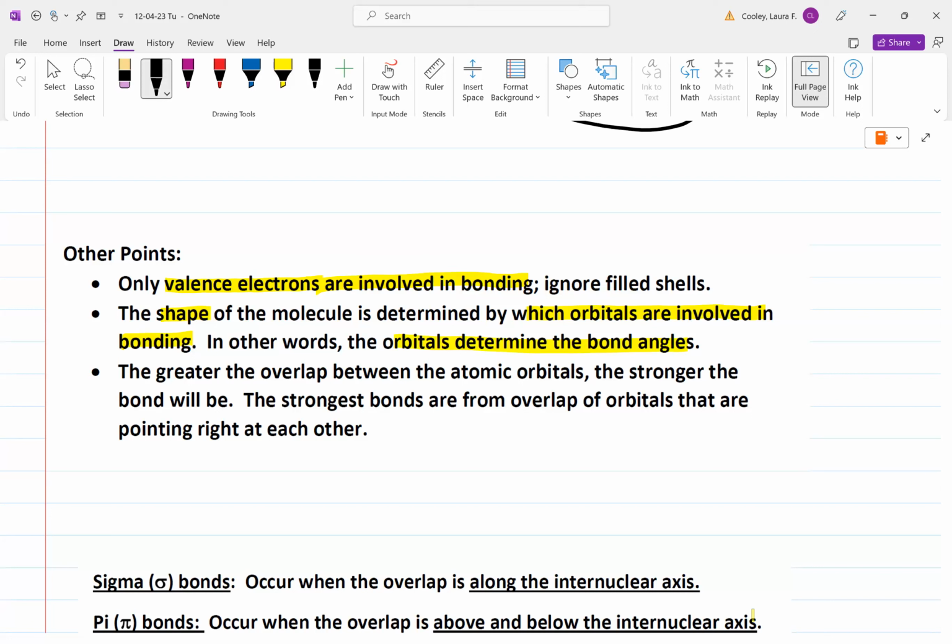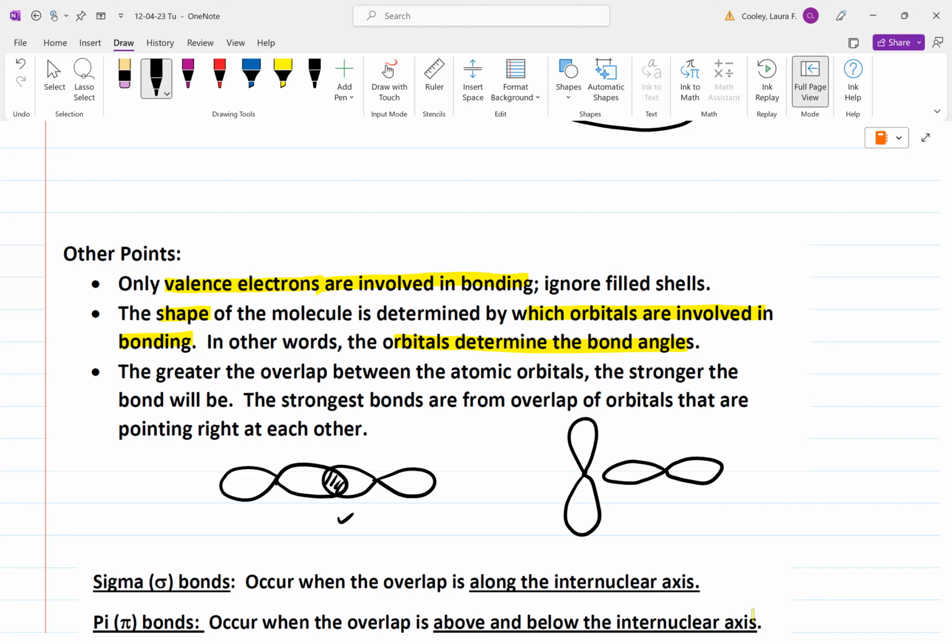And the strongest bonds are from overlap of orbitals that are pointing right at each other. So for example, if I had a p orbital and another p orbital, this sort of overlap is pretty good, but this kind of overlap is not as good.